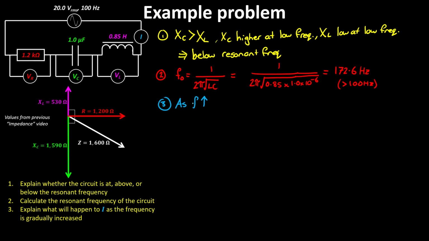As the frequency increases, what that means is we are going to be getting initially closer to the resonant frequency. That means the impedance of the circuit will be decreasing, so the current will be increasing, okay?